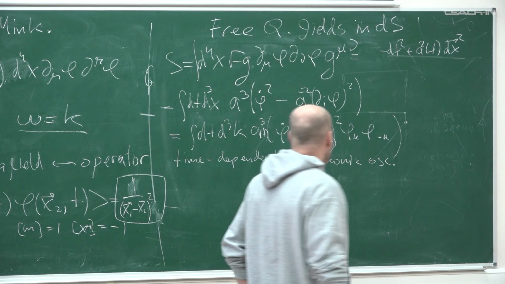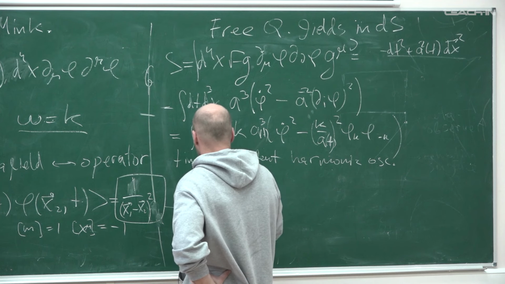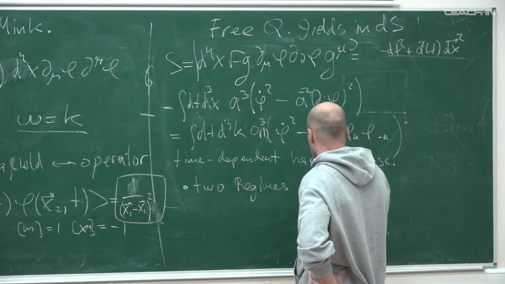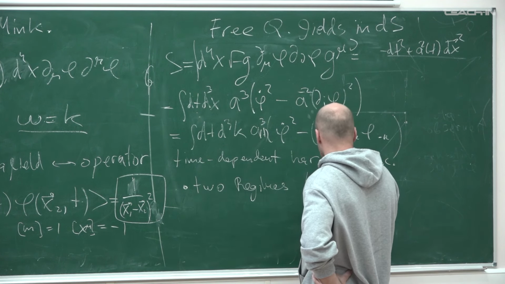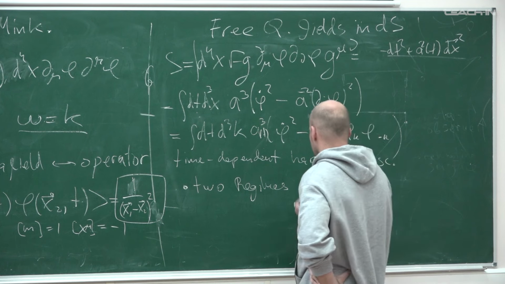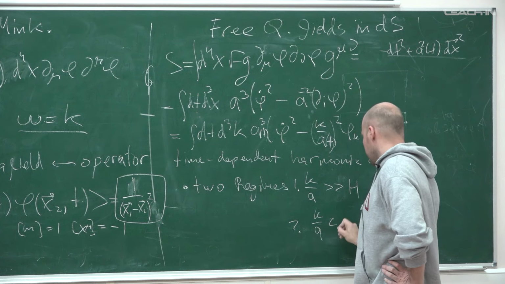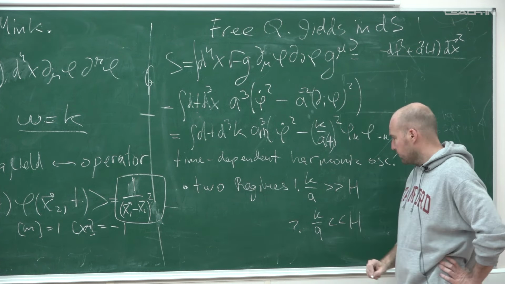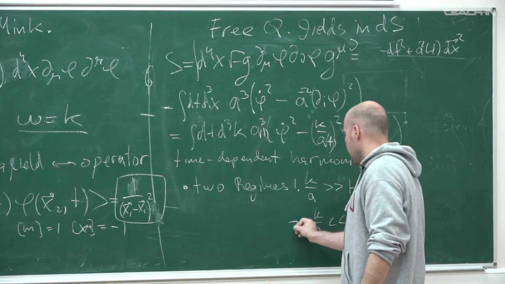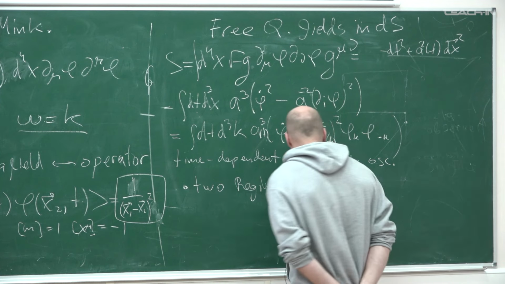Okay. Good. So now let's see how we can proceed. There are two regimes. One is that k over a is much bigger than H, and the second regime is k over a much smaller than H. Of course there is a transition period, right?